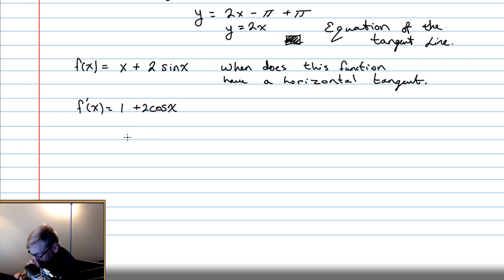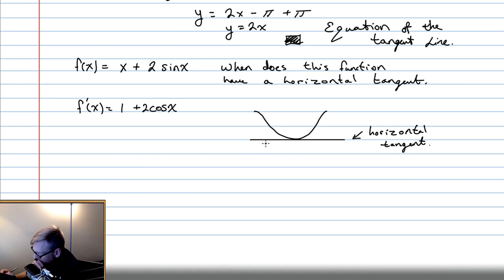Now, when does it have a horizontal tangent? What is a horizontal tangent? So if we've got, let's say, a function that looks like this, which is pretty common. A horizontal tangent is when it goes straight across. Right?